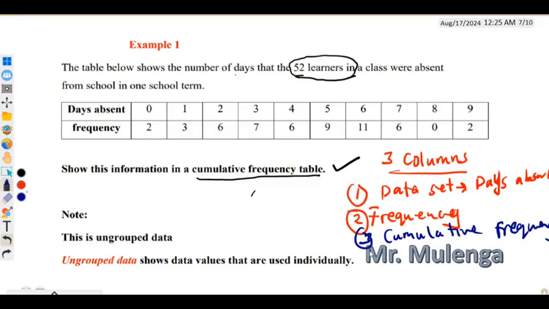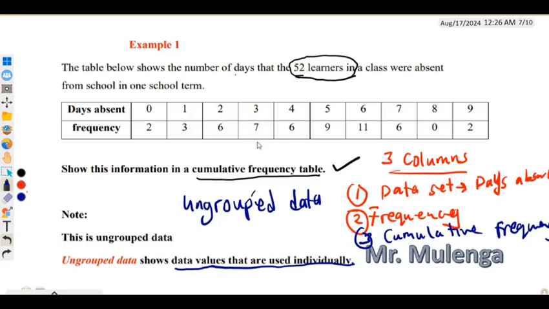If you recall, under cumulative frequency, we said we need to find the sum of all the frequencies, including that frequency. So this type of information that we have, this is what we call ungrouped data. Ungrouped data just shows the data values that are used individually.